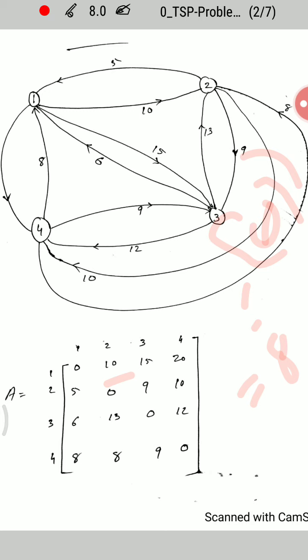Then 2 to 4 is 10. 4 to 3 is 9. Then 3 to 1 is 6. So it is 10 plus 10 plus 9 plus 6, 20 plus 29 plus 6 is 35.